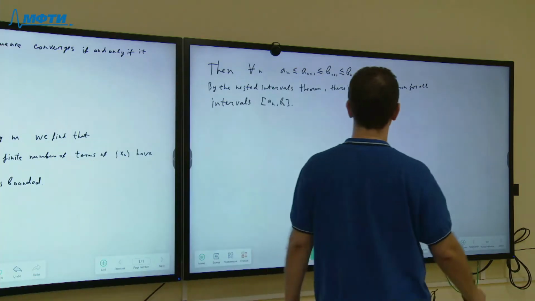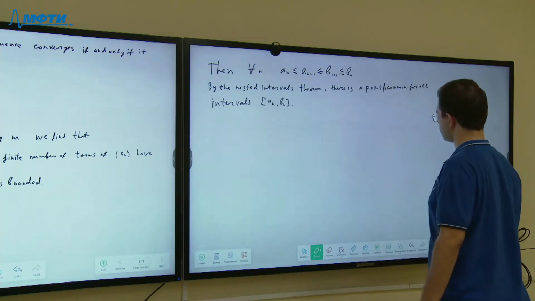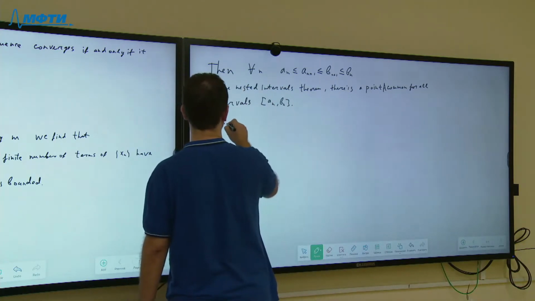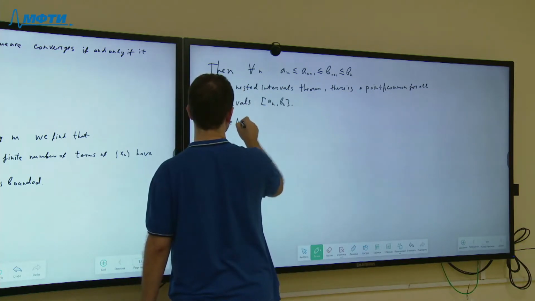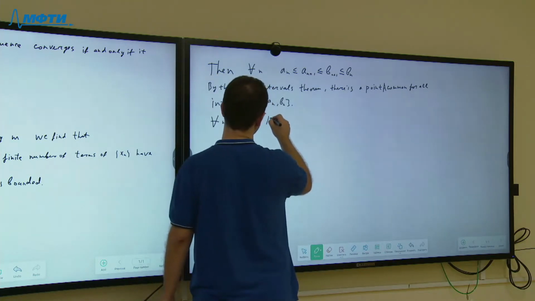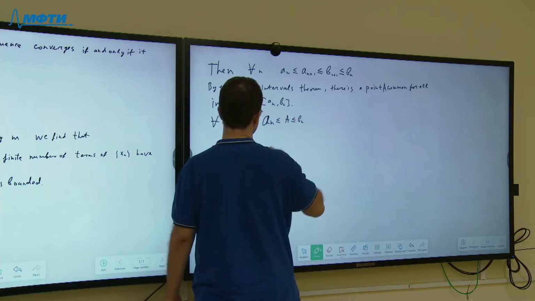Let's call this point A. So for any n natural, we have that an less than A less than Bn.